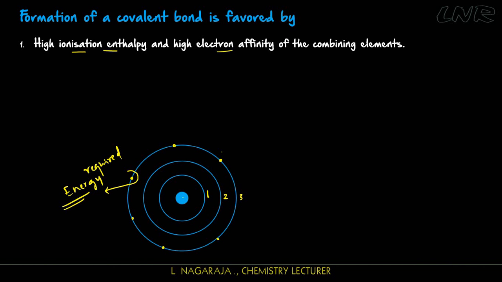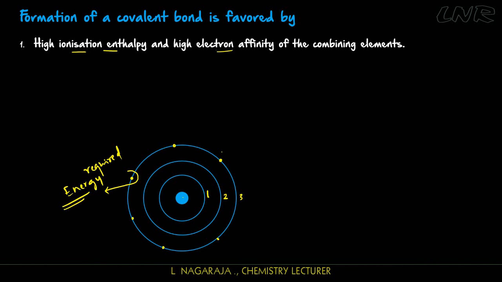If it has very high ionization enthalpy, it is not readily converted into ions, which is opposite to the ionic bond, right? For the formation of ionic bond, the ionization energy must be low for the metals, but in the case of covalent bonds, the ionization energy of the combining elements must be very high, and the electron affinity must also be high.